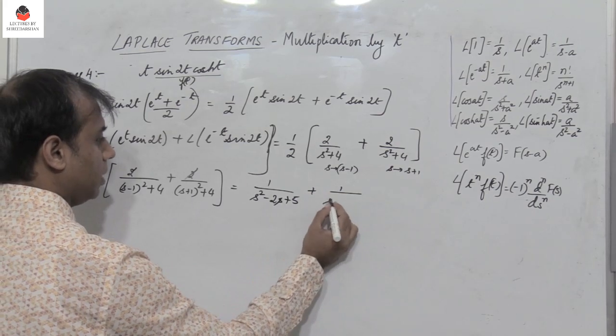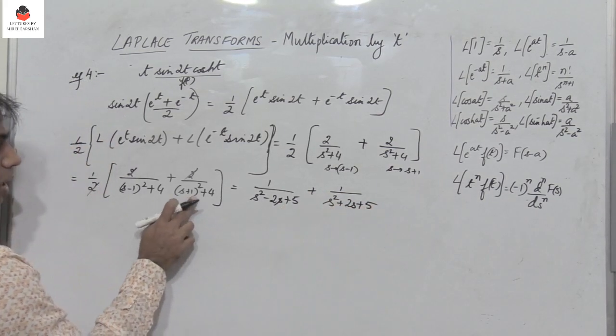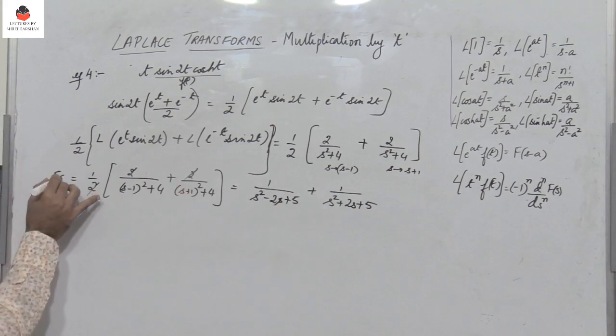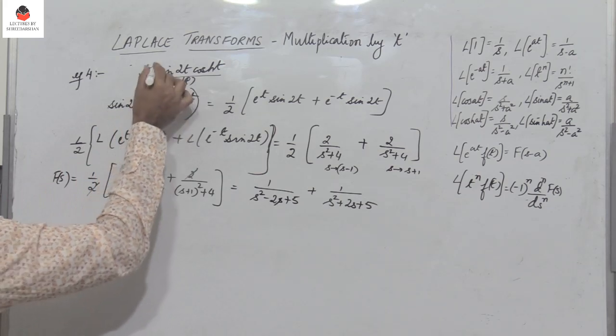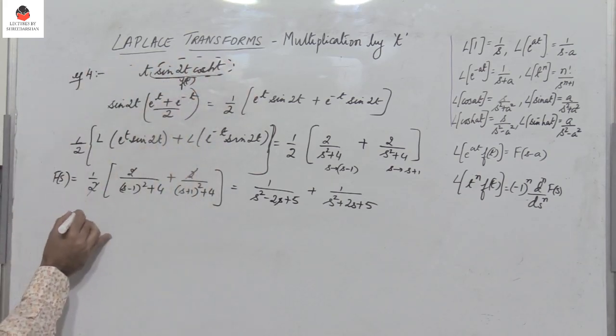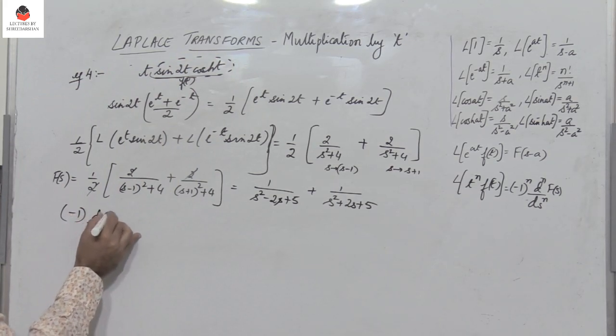Plus 1 divided by s square plus 2s plus 5. Right? So you get 1 plus 4, which is 5. So this is f of s. So now this entire function f of t is multiplied with t. So I need to perform minus 1 d by ds of f of s.